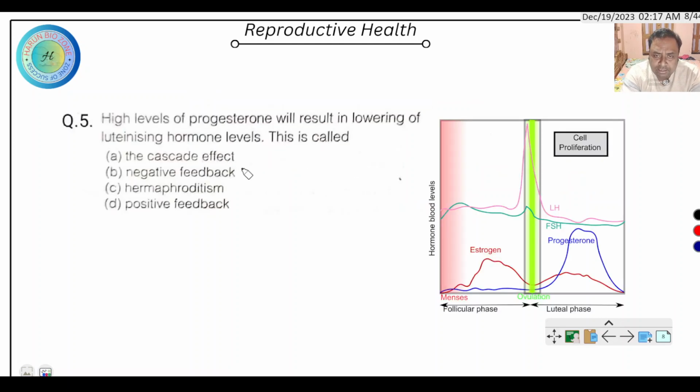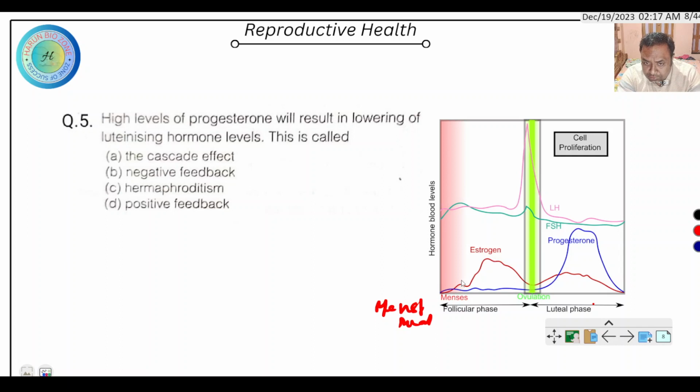Here some diagrams are present: the menstrual phase, ovulation and the luteal phase.